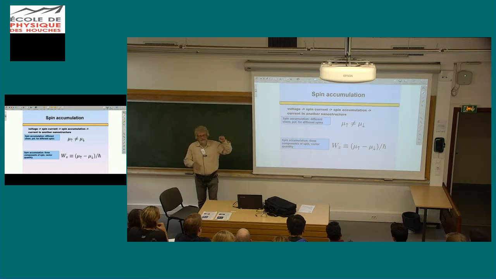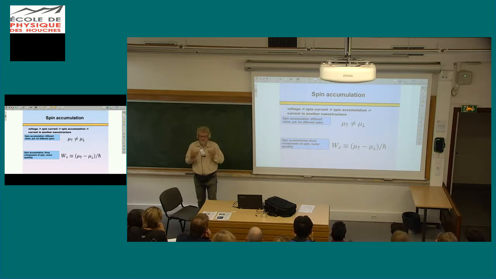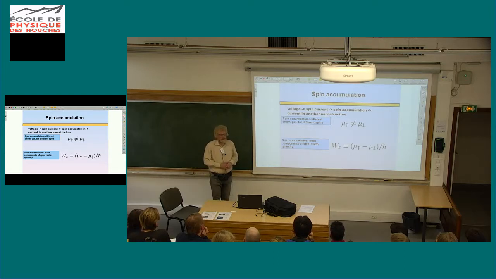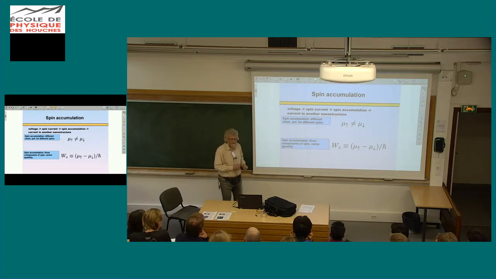So we just take spin current, put it in a certain reservoir, and if spin flips in this reservoir are not very frequent, one accumulates spin in the same direction. Okay, then one comes again with a spin filter. If electrons are polarized, they produce different currents.